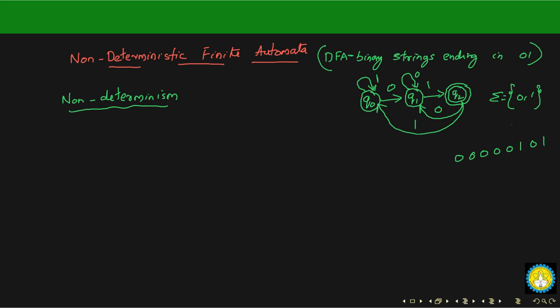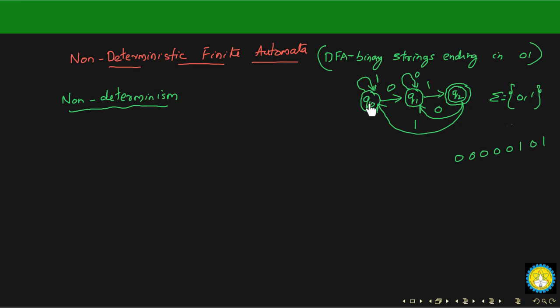Before actually going to non-deterministic finite automata, let's understand some of the features of DFA. You can see here the DFA for binary strings ending in 01. This is a problem which we have worked out earlier. From this diagram, we can understand that from every state, transitions on all the alphabets should be defined. For example, the alphabet set here is 0, 1.